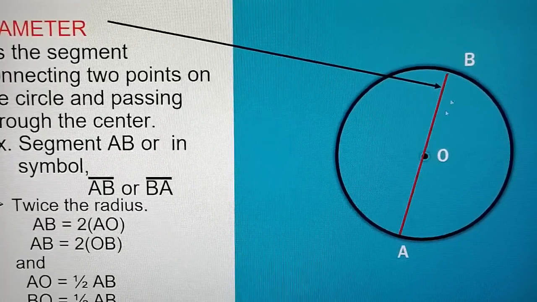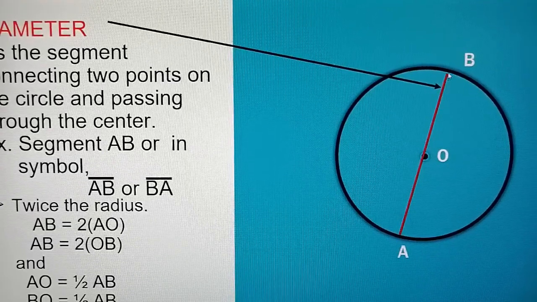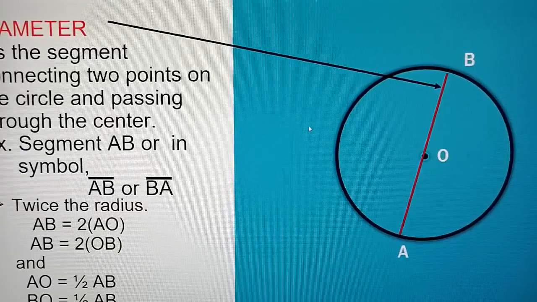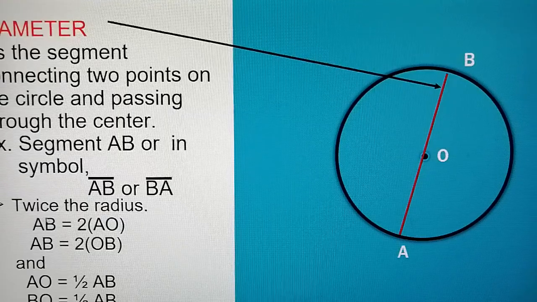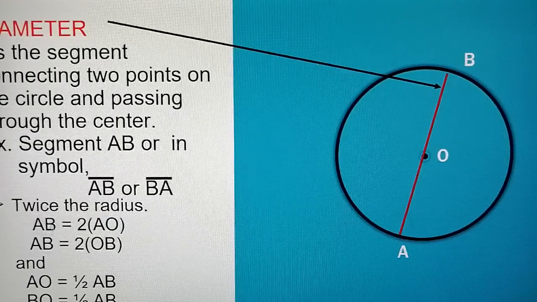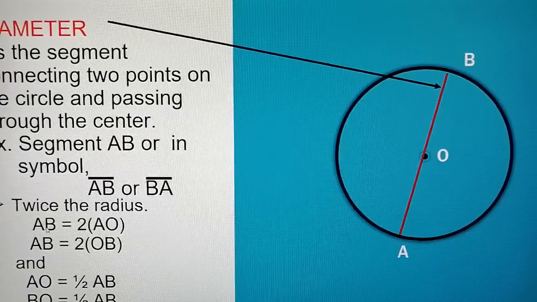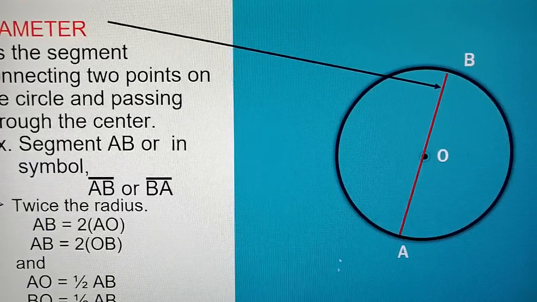So in other words, as you can see here, the diameter is twice the radius. So in symbol, we have AB. Why did we not use the line segment anymore? Because we already mean the measure. So we're already referring to the measure of the diameter. Therefore, we don't need to use the line segment symbol. So AB, which is the diameter, is equal to 2 times AO.